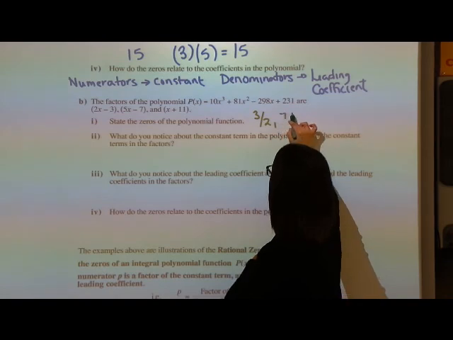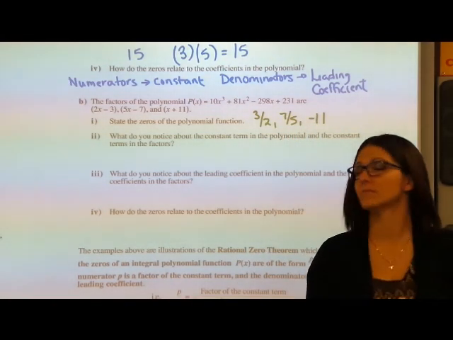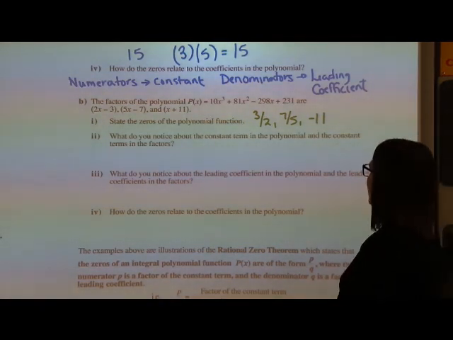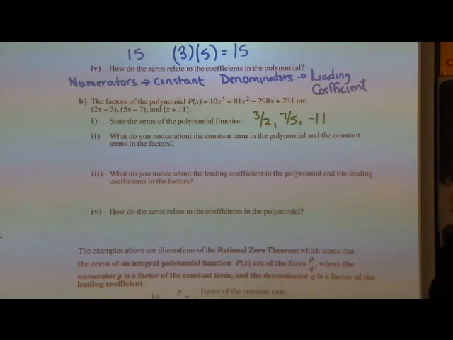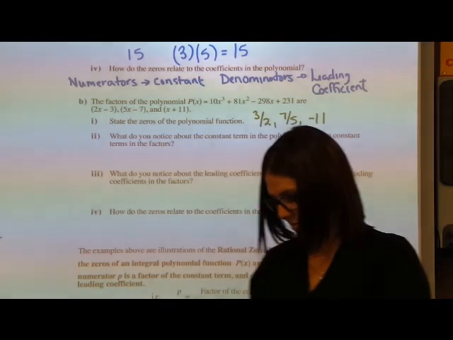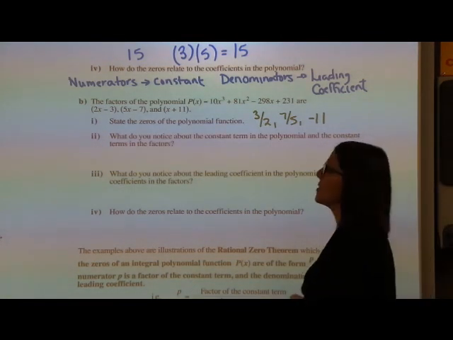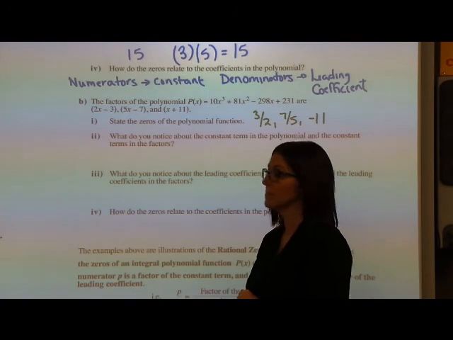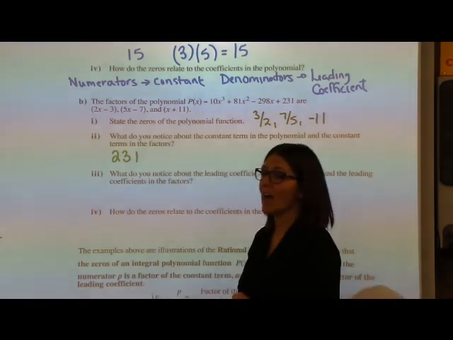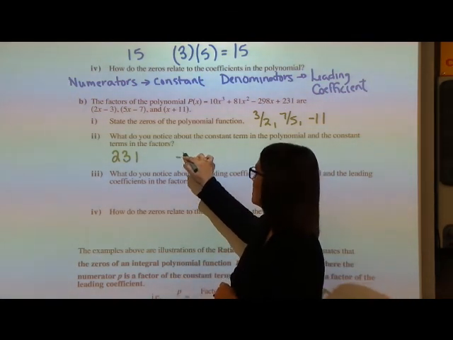So 3/2, 7/5, and -11. What do you notice about the constant term in the polynomial and the constant terms in the factors? So what's the constant term in the polynomial? 231. And what are the constant terms in the factors? 33, -7.